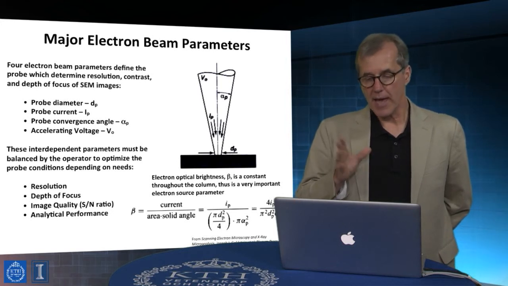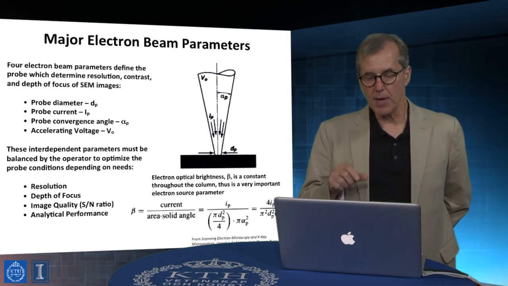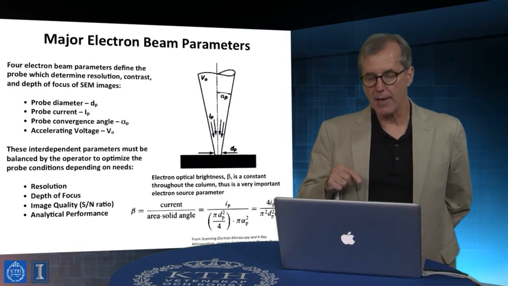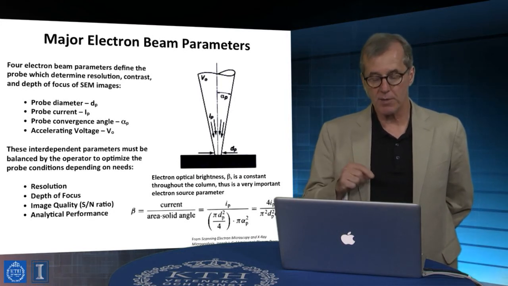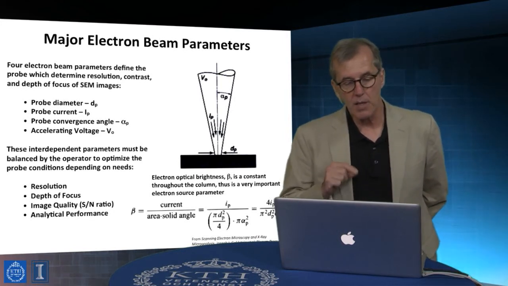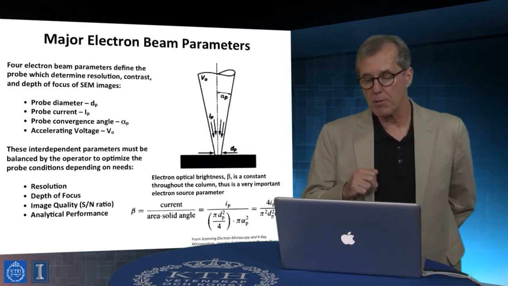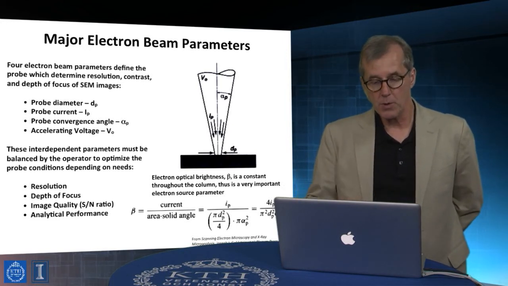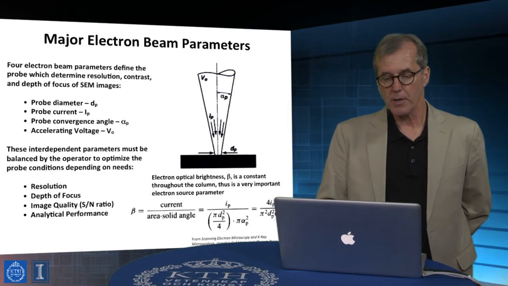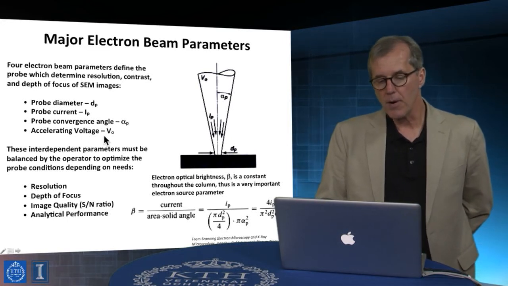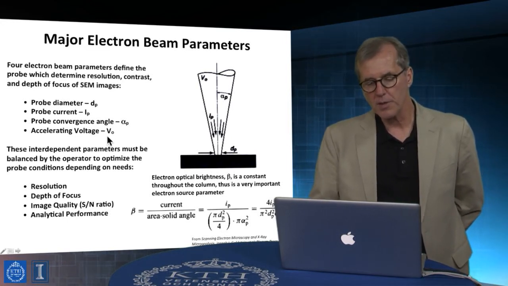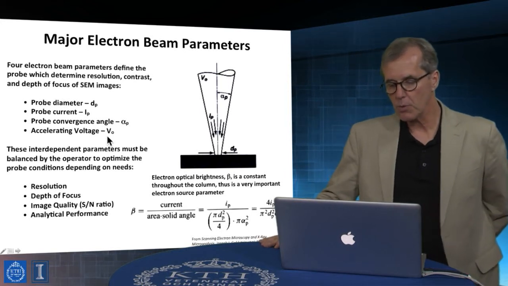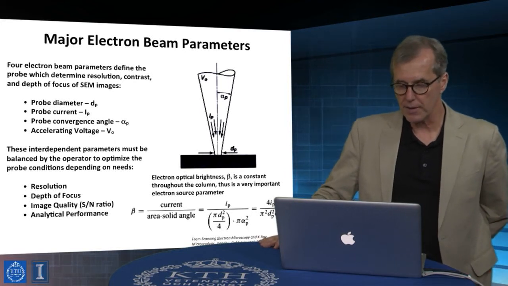One of the angular attributes of the beam, not only what its beam diameter is at the focal point, but what its beam divergence is, because that has a lot to do with the depth of view that one can obtain. And the other part that's actually fairly important is the accelerating voltage. And we'll come back and talk more about that later.